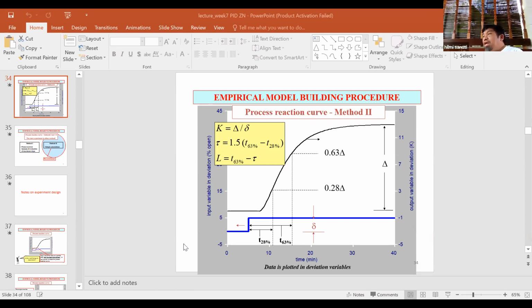So esok kita buatlah the PID punya assignment. So hari ni saya cerita loop shaping and then you will use the same thing and then you pakai loop shaping untuk tune your controller. So no more PID lepas ni. Lepas ni is loop shaping.